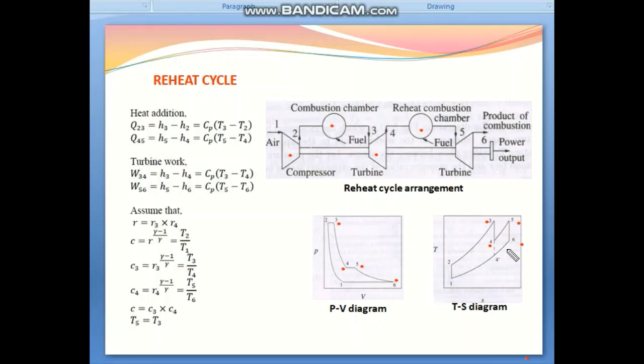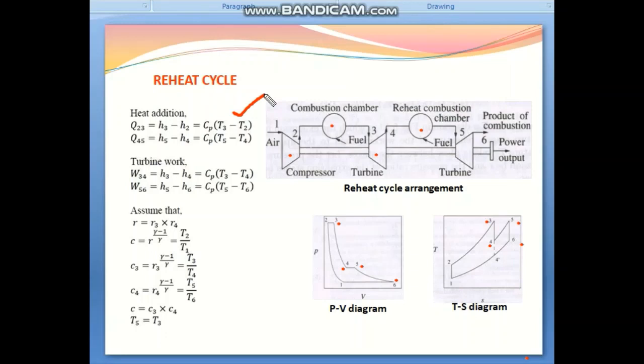So let's see how to derive the efficiency of a reheat cycle. First of all, in the reheat cycle, the heat addition takes place in two ways. That is 2 to 3 in the first combustion chamber, that is H3 minus H2, so the value is Cp into T3 minus T2.